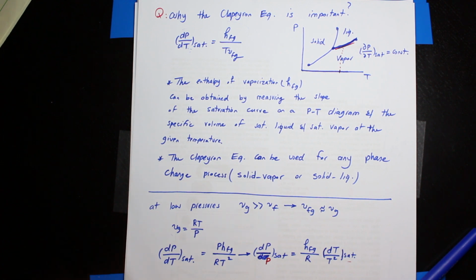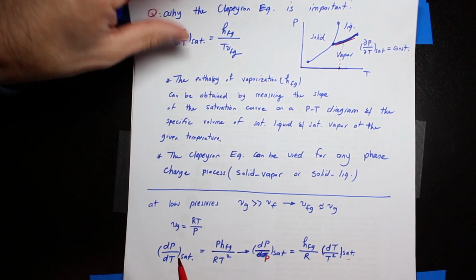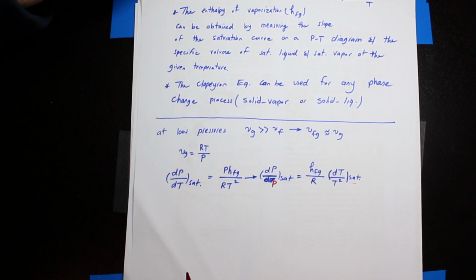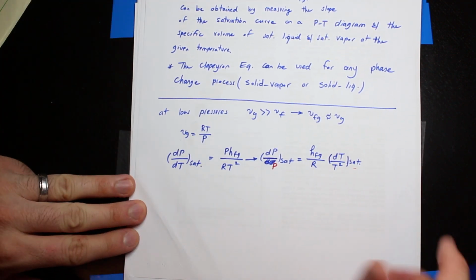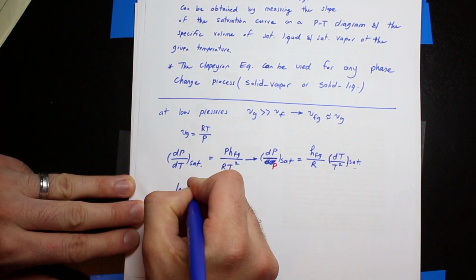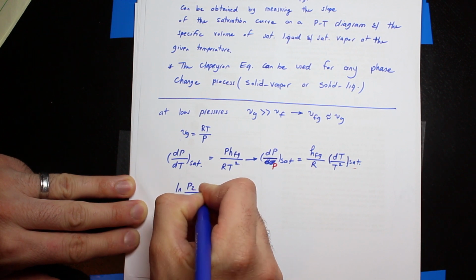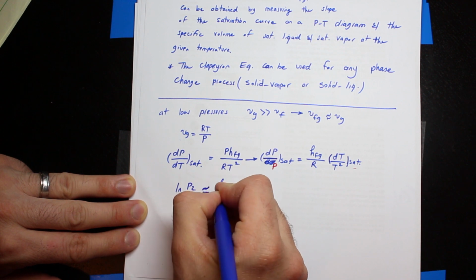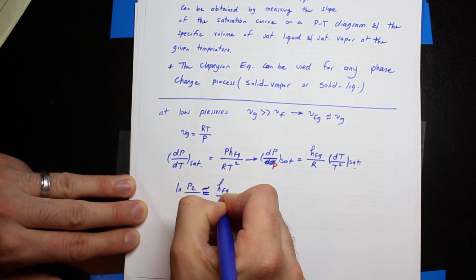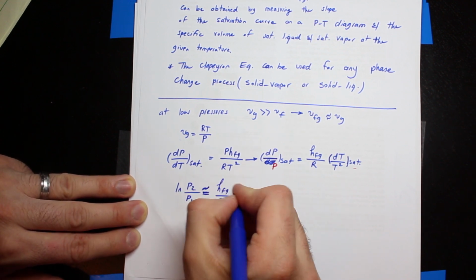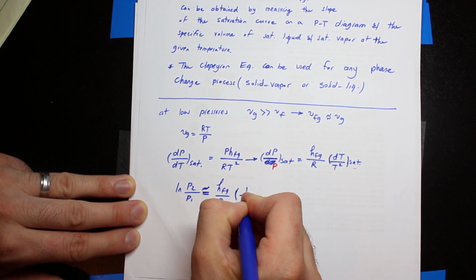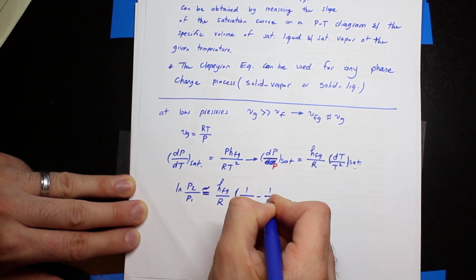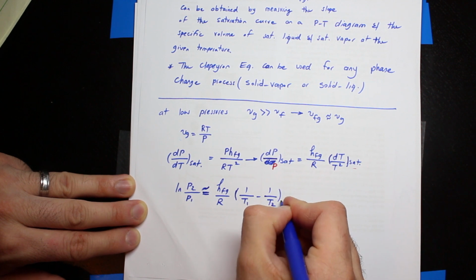If I continue this equation, I can integrate to get ln P2 over P1 is approximately equal to HFG over R multiplied by 1 over T1 minus 1 over T2 during saturation.